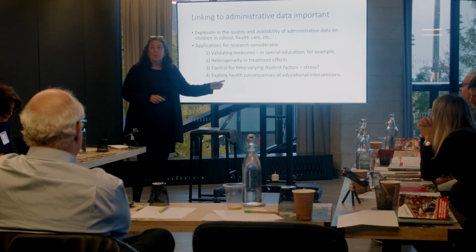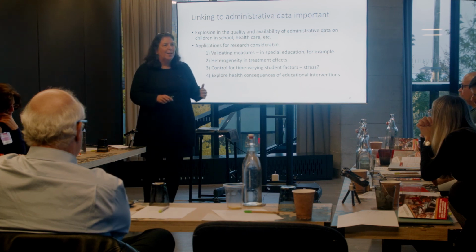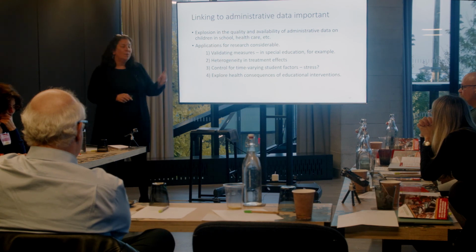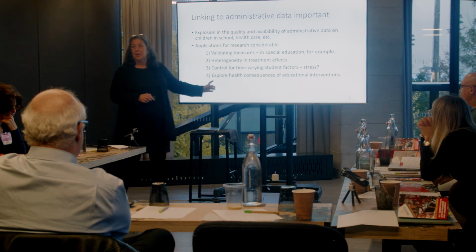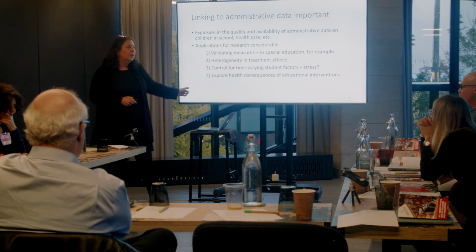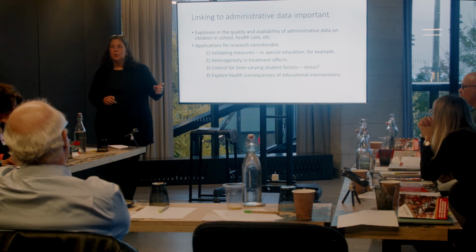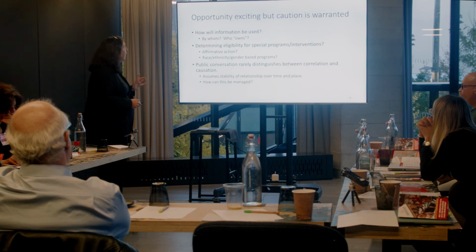But it would be super cool to be able to do something like this cortisol thing or this telomere thing, right? To be able to say something about, oh, no, this is stress. And obviously, the direct thing. We have really few population-level measures of health consequences of educational interventions for children.